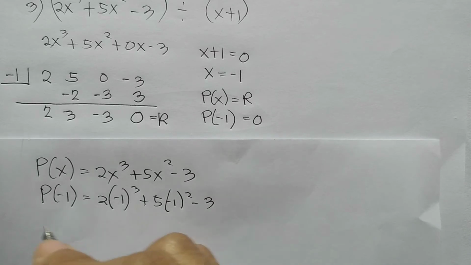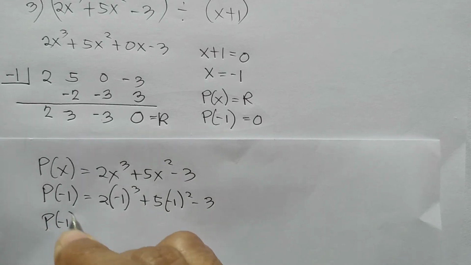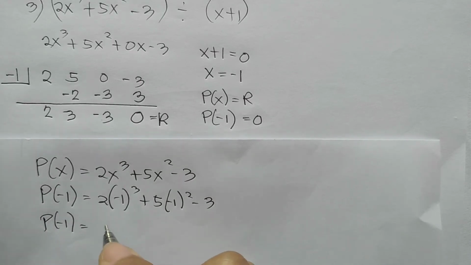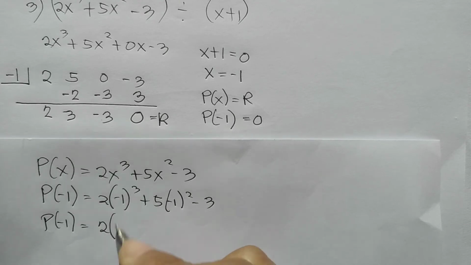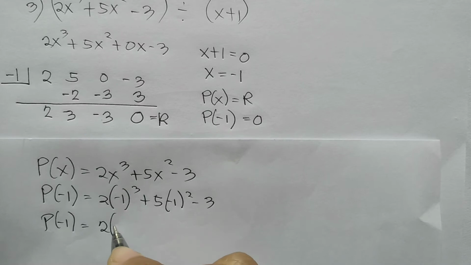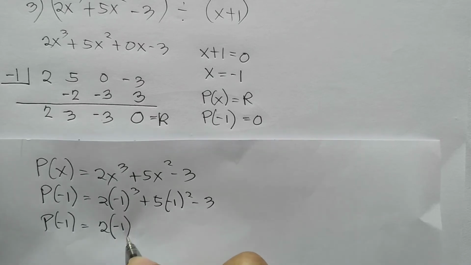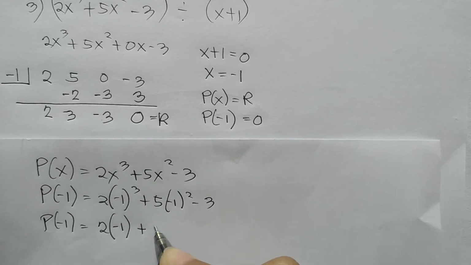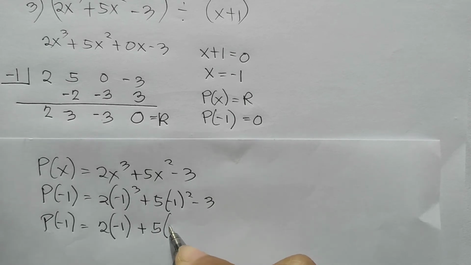Let us check. P of negative 1 is 2 times negative 1 multiplied by itself 3 times. So it gives us negative 1 plus 5 times negative 1 squared, that will give us 1 minus 3.